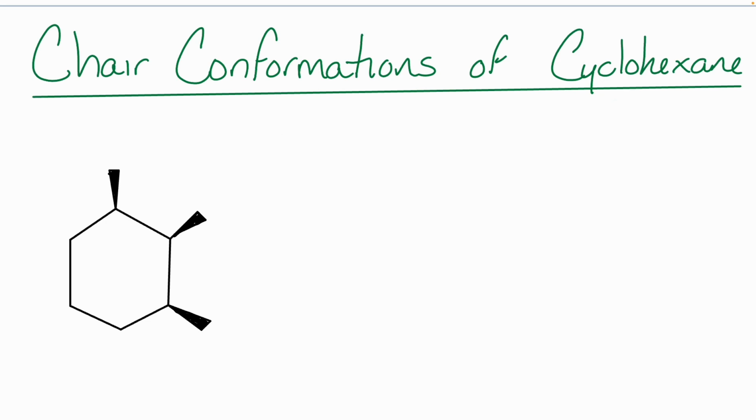And so we want to take this structure here and sort of turn it into this chair conformation. And that'll just help us better understand the orientation of these methyl groups.